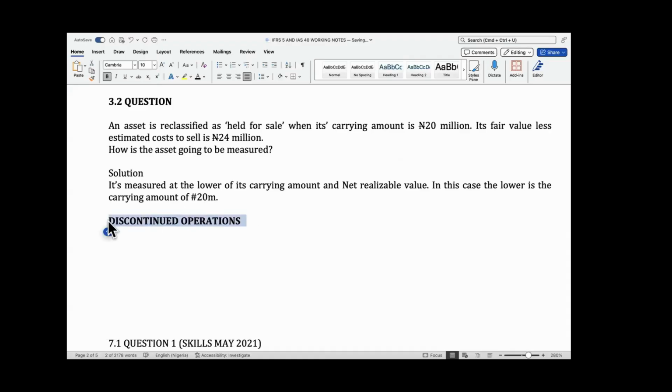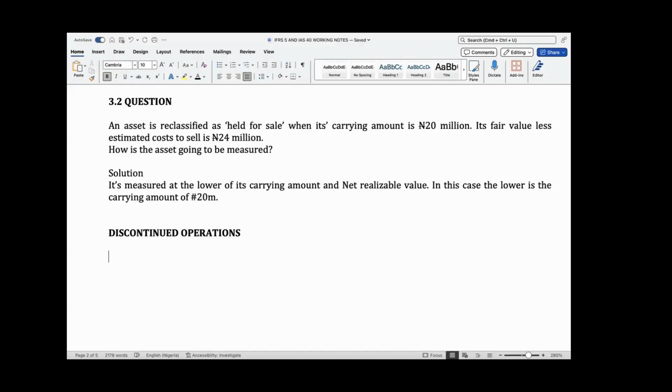Remember, this standard talks about non-current assets held for sale and discontinued operations. To put a good context to what a discontinued operation means, it is like an operating segment, for those of you I taught operating segments yesterday.